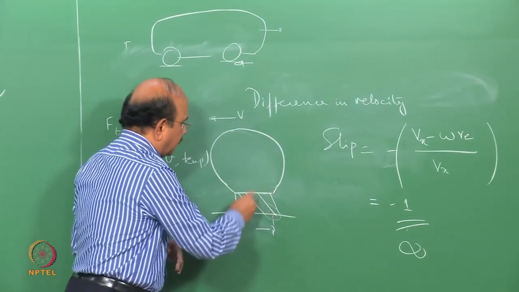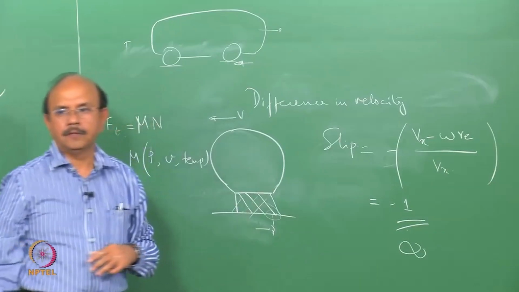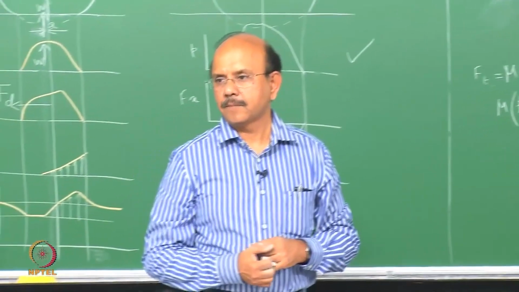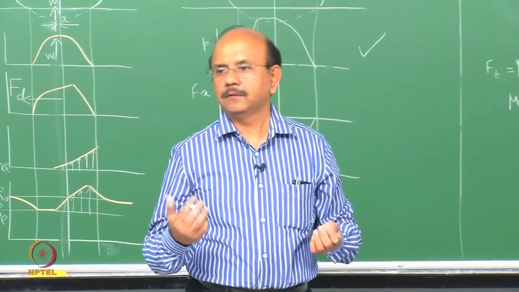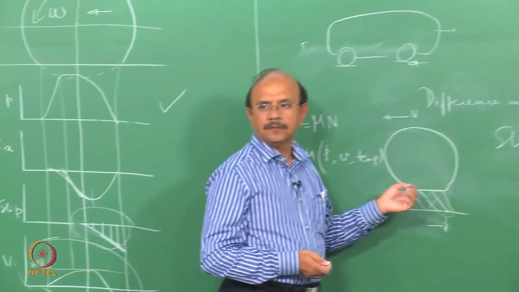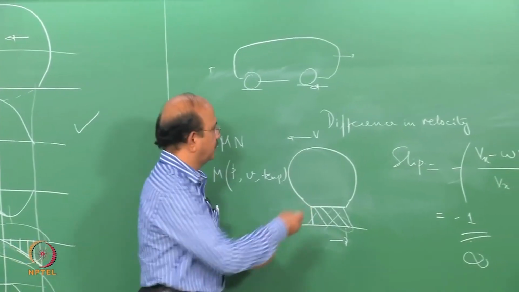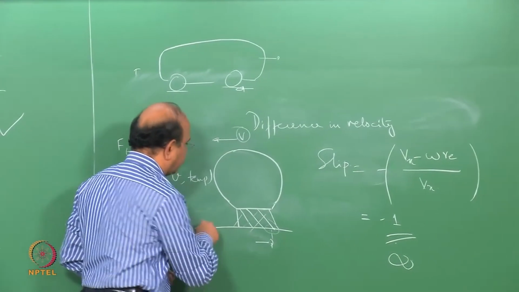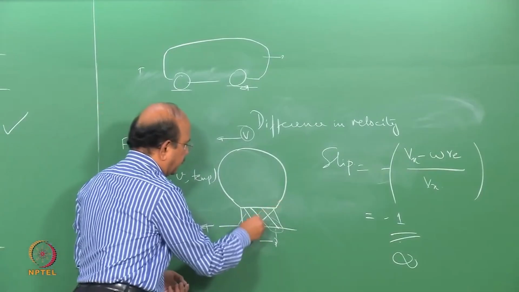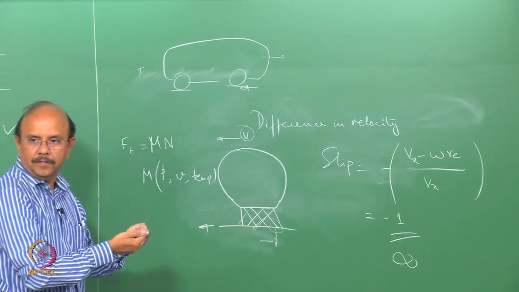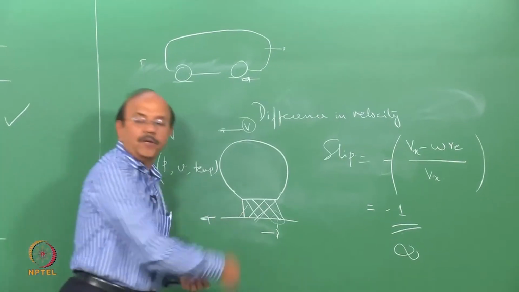The bristles are now in this direction, and hence the force that is generated, remember that is the velocity, and I want the traction force to be in this direction. Now, the force that is generated is like that, it pulls, and so that will be a traction force.